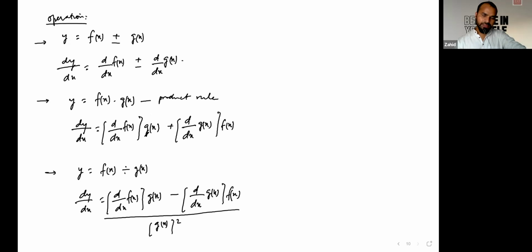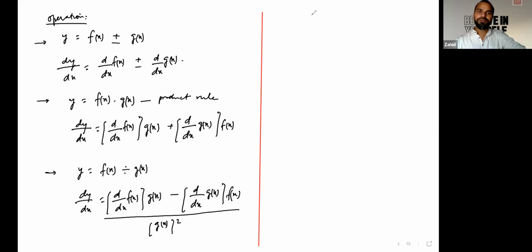How will we use these formulas? I'm giving you some examples. Suppose f(x) and g(x) are two different functions, like functions of exponential, sine, cos, tan, or any other term.